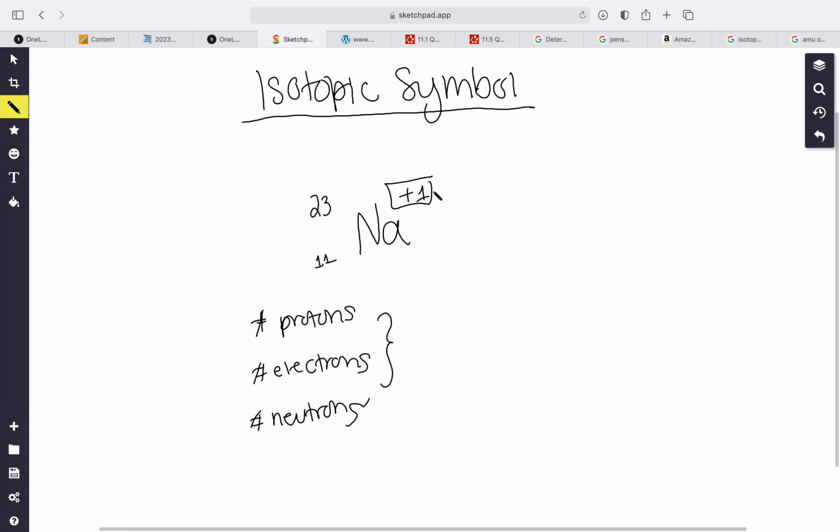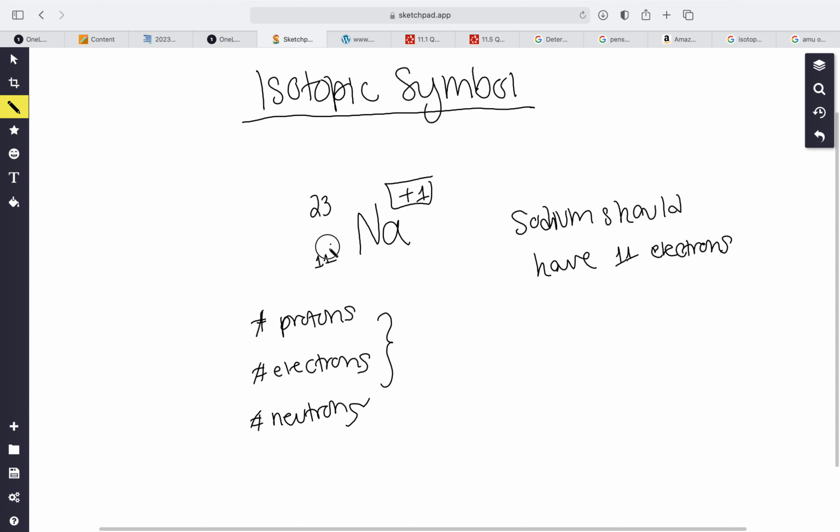So a charge of +1 doesn't mean you're adding on an electron. It actually means that you're subtracting an electron. So sodium should have 11 electrons if it was neutral. And you're probably like, Grace, did you pull that number out of, you know where? No, I didn't pull it out of you know where.